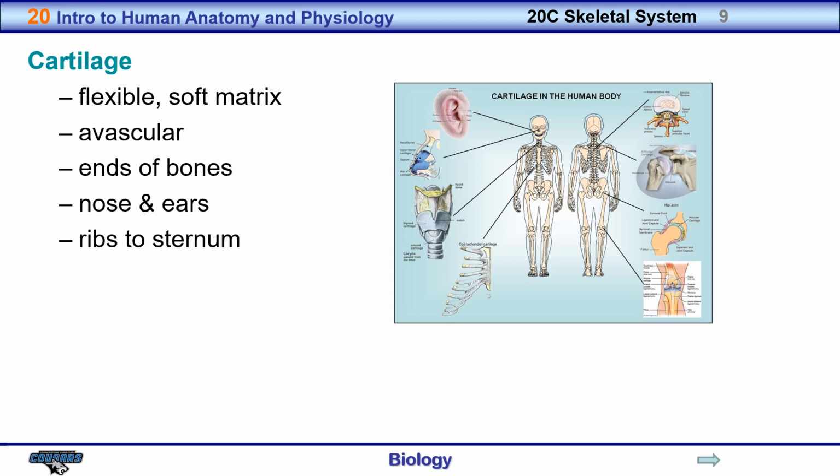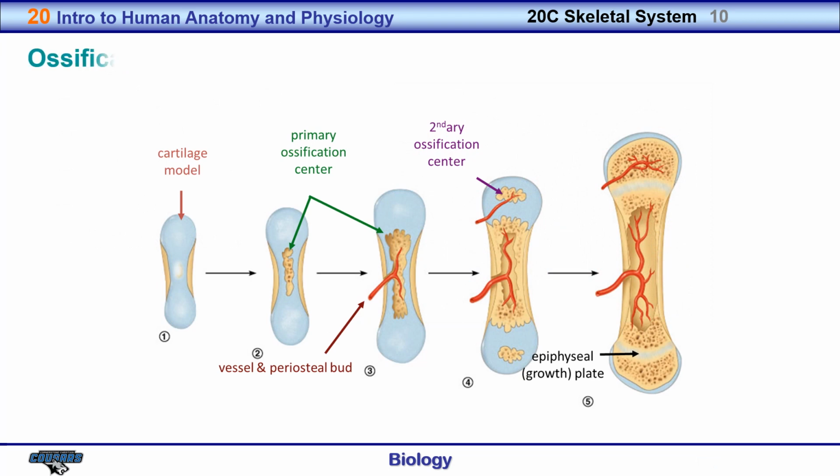And an embryo's tiny skeleton begins mostly with cartilage. There is some bone, but it's mostly cartilage. So here is a diagram of kind of what happens when you're little.